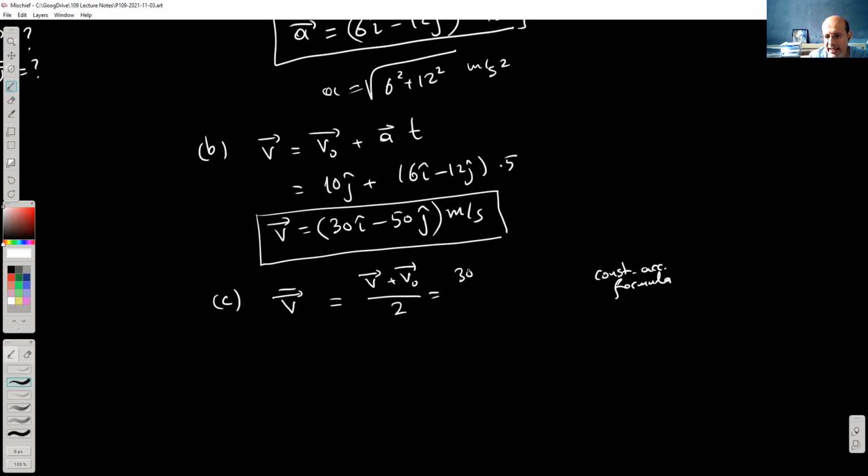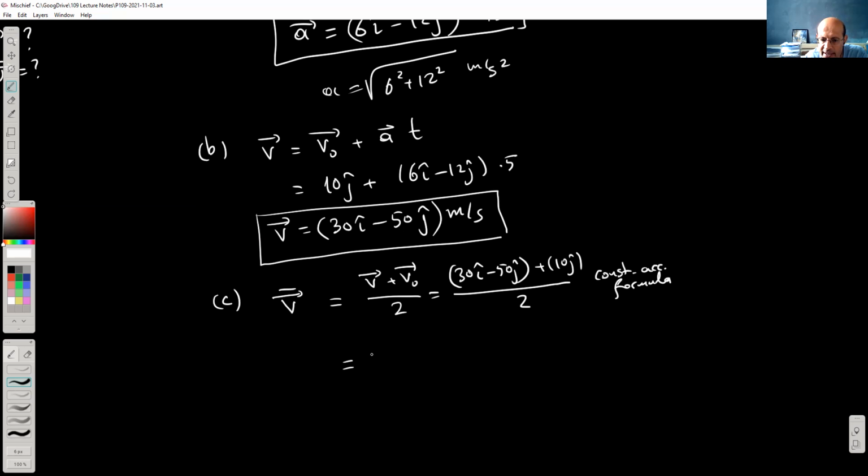Let's continue. That's 30i minus 50j, initial velocity was 10j, divide by 2. I'm just doing usual vector algebra, all right? It's basically multiplication and addition. We don't have dot products and cross products entering in here.